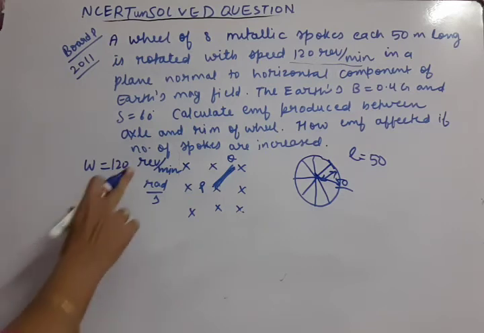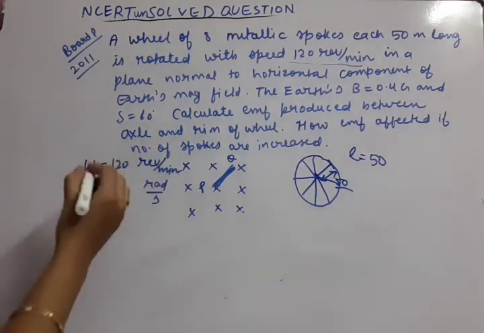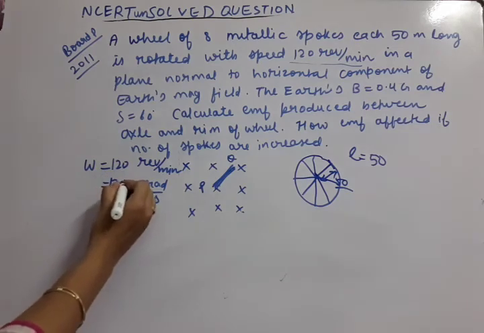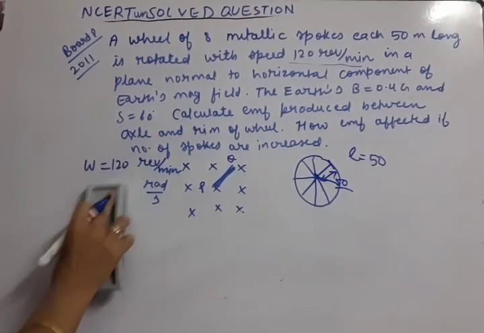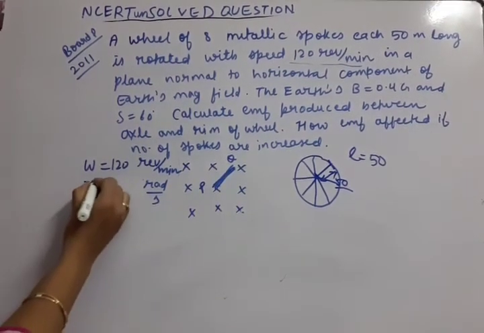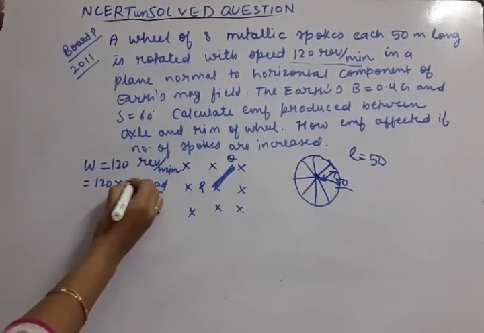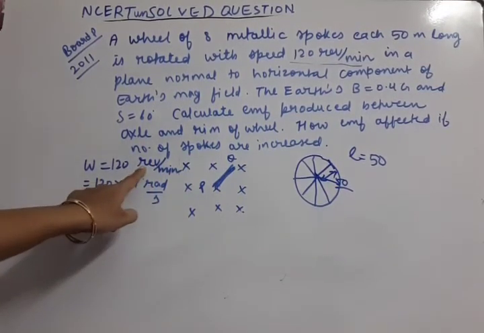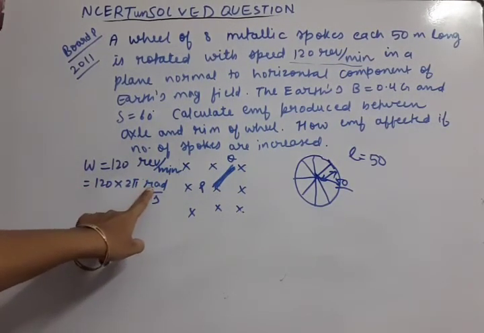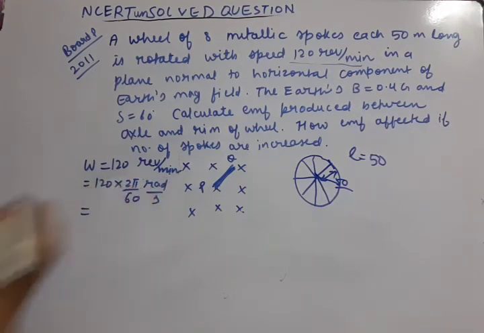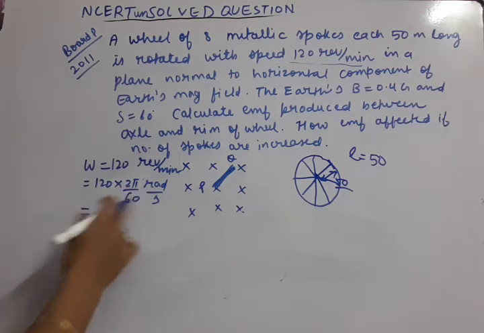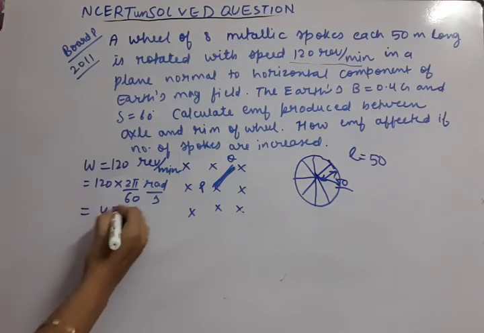So how do we convert it? 1 revolution means 2 pi radian, and 1 minute means 60 seconds. So we multiply 120 by 2 pi by 60. 120 by 60 is 2, that means 4 pi radian per second.